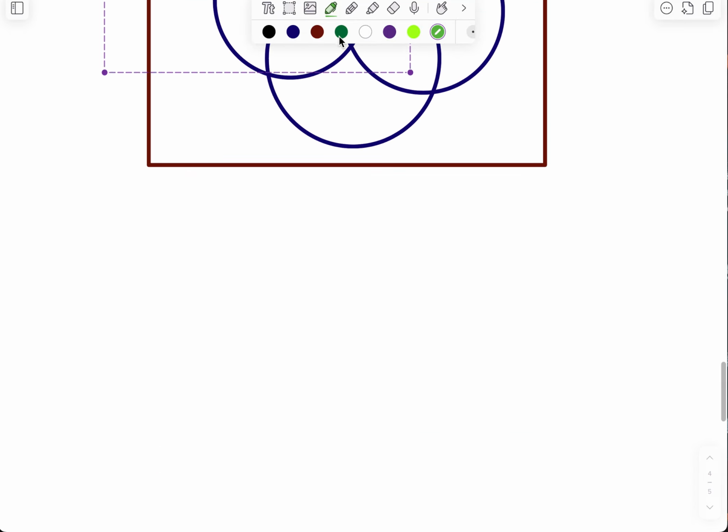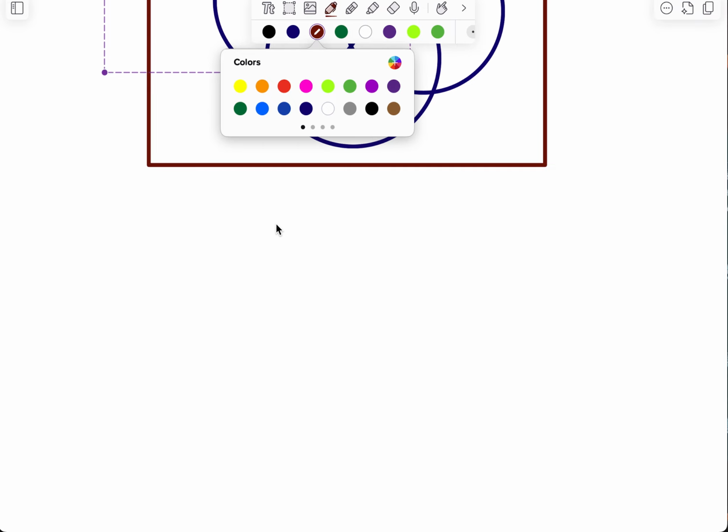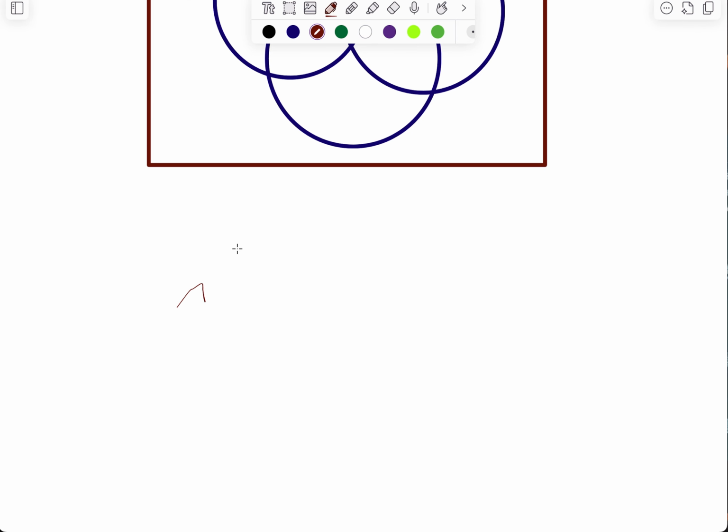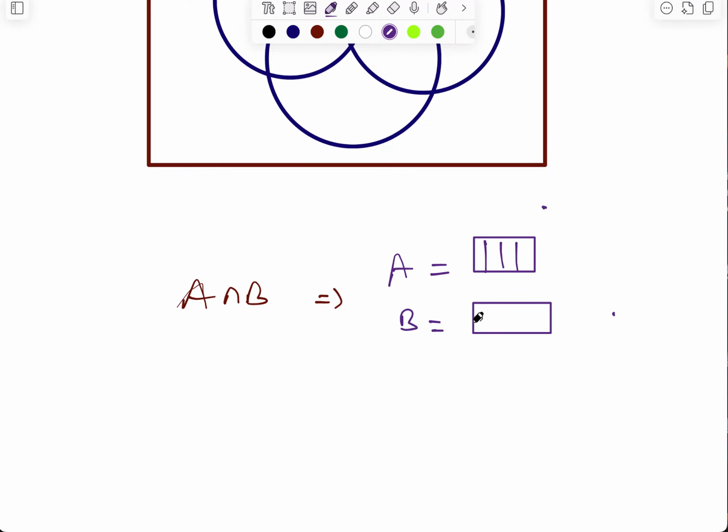Let's say I want to do A intersection B. What I'm going to do is pick a pattern for A. Let's say I pick vertical strokes for A, and I pick a different pattern for B, horizontal strokes. Therefore, when I'm done with A intersection B, I'm going to have this checkered pattern.